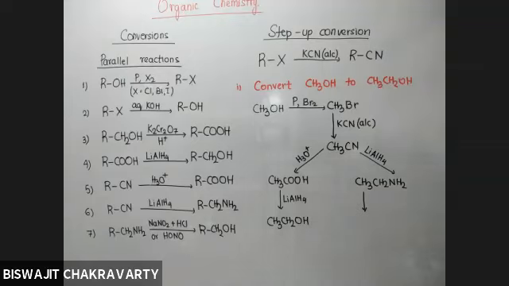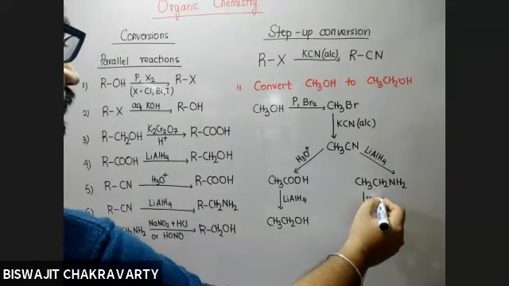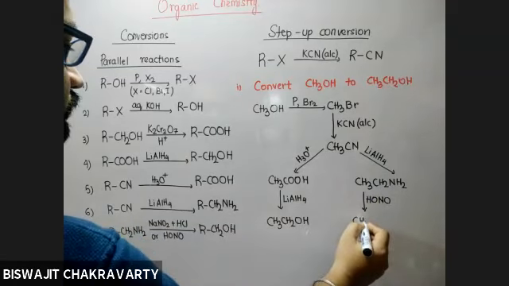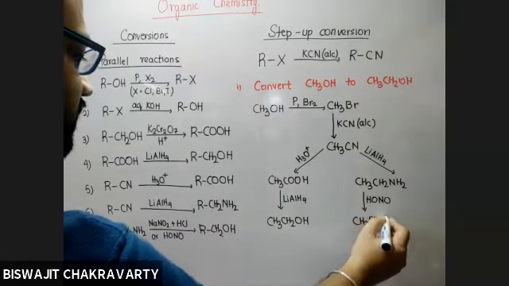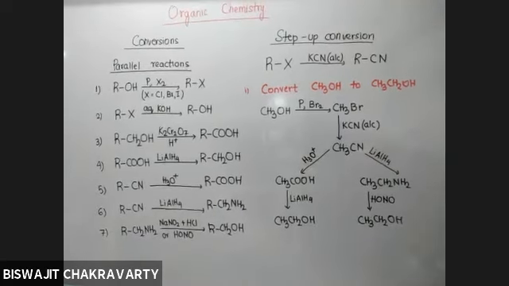H3O plus. There is no reaction of NH2 with H3O plus. It is NaNO2 plus HCl, HONO. Will it not give the same product again? Understood? So can you repeat the whole process again?